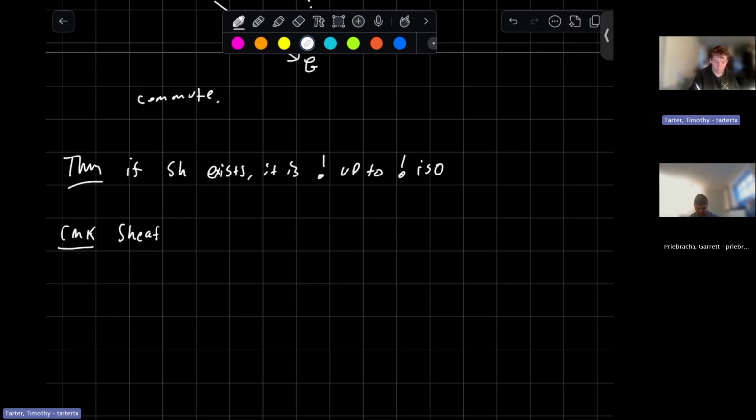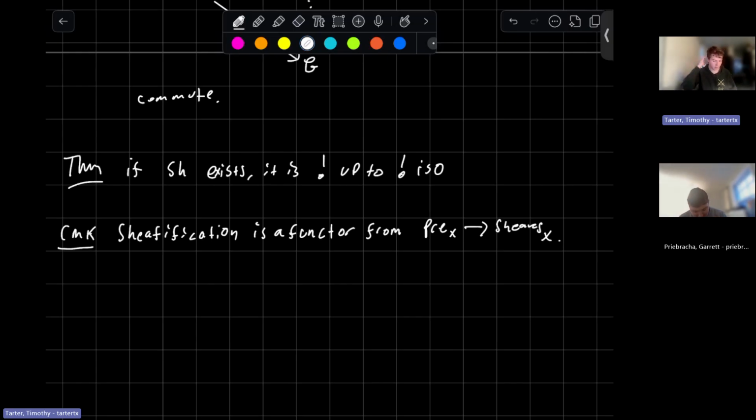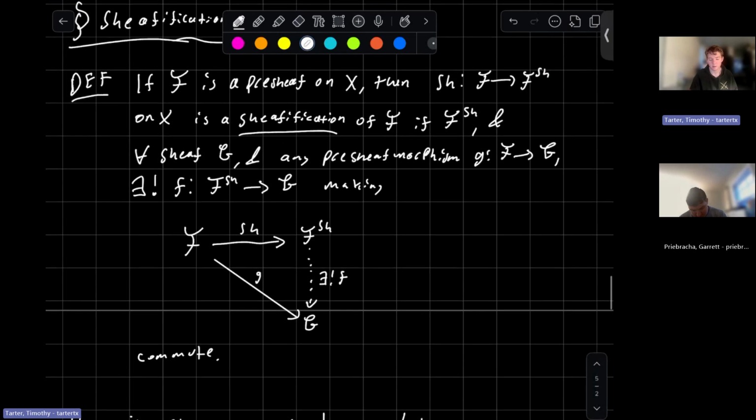Remark. Sheafification is a functor from pre-sheaves on X to sheaves on X, meaning that we take over objects and morphisms.